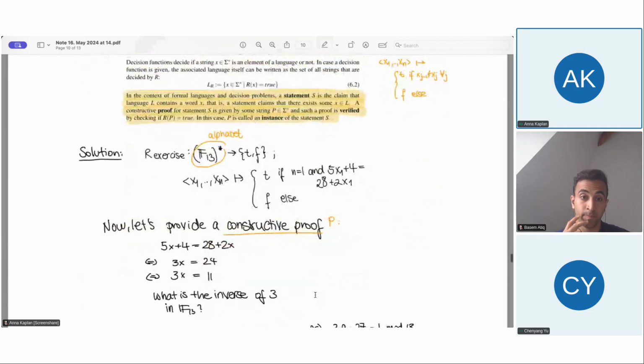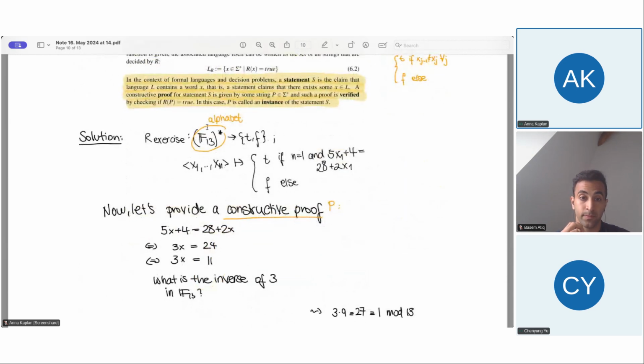So going back to what we are supposed to be doing in this exercise, we have the alphabet of F13. We're going to take strings x1 to xn, and the deciding relation R of the exercise is going to be true if n is 1, so we only have one variable here, right?